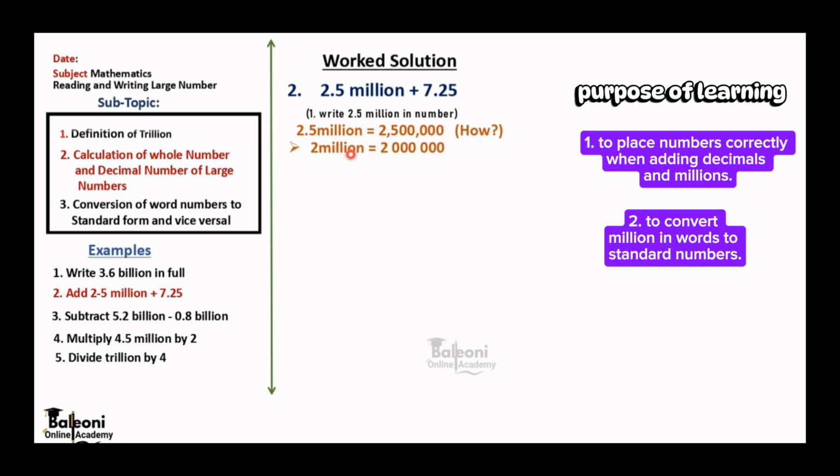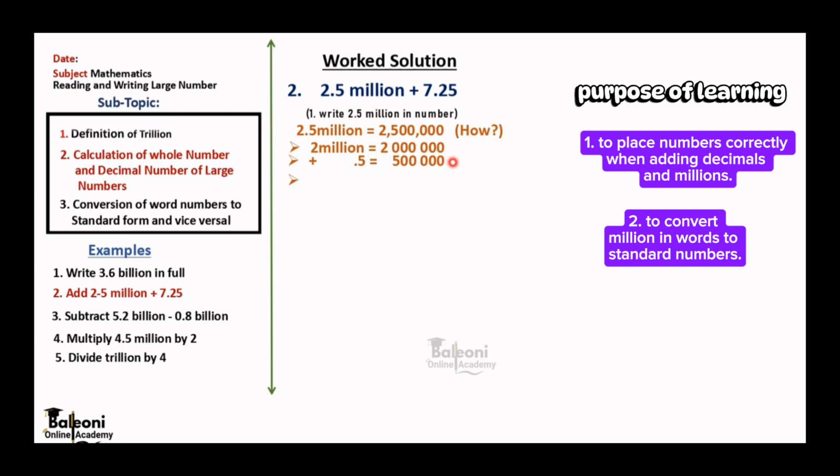2 million is equal to 2 followed by 6 zeros. That is 2,000,000. Then 0.5 million is equal to 500,000.